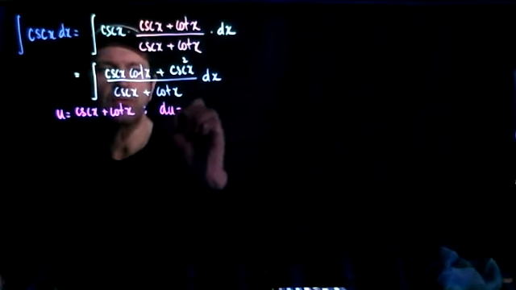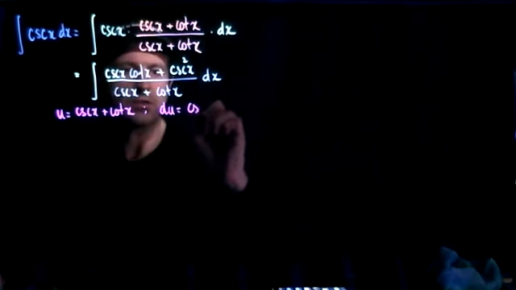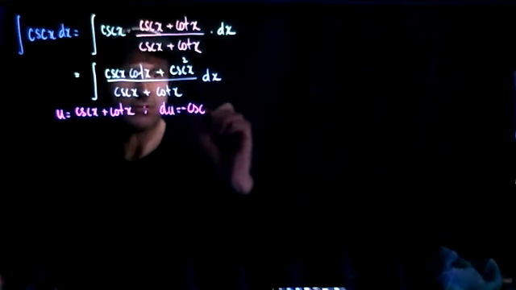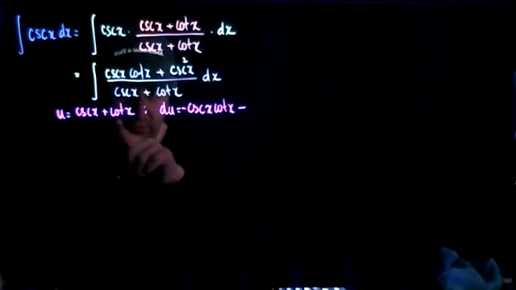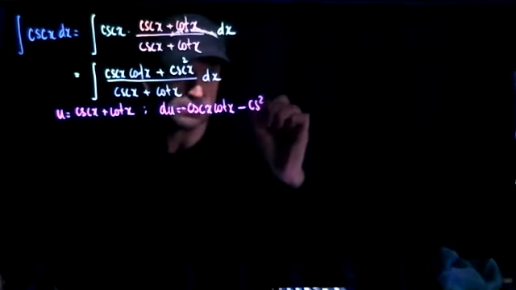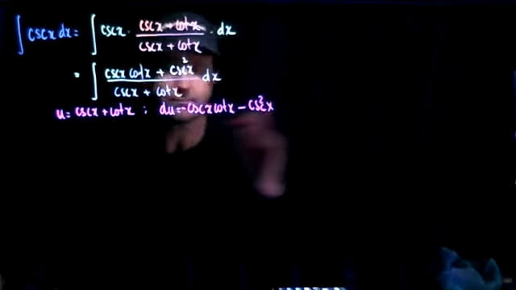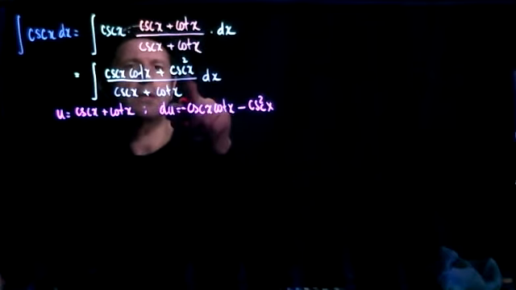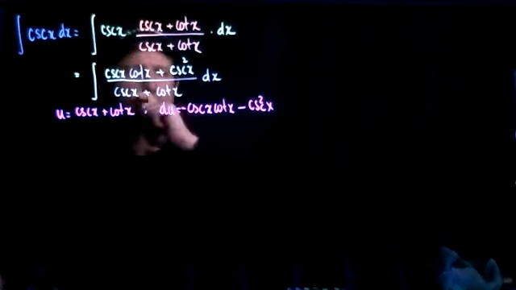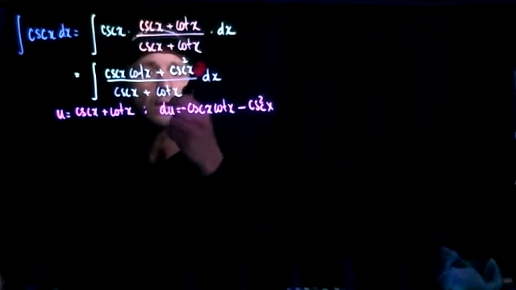So du, the derivative of cosecant is negative cosecant x cotangent x. And the derivative of cotangent is negative cosecant squared. Sir, is it cosecant x squared on top on the right here? Like, so cosecant times cotangent x plus cosecant squared x? Yeah. Is it over the x?